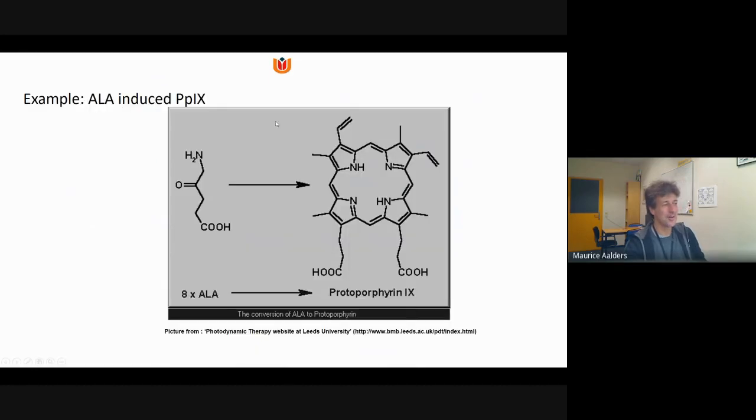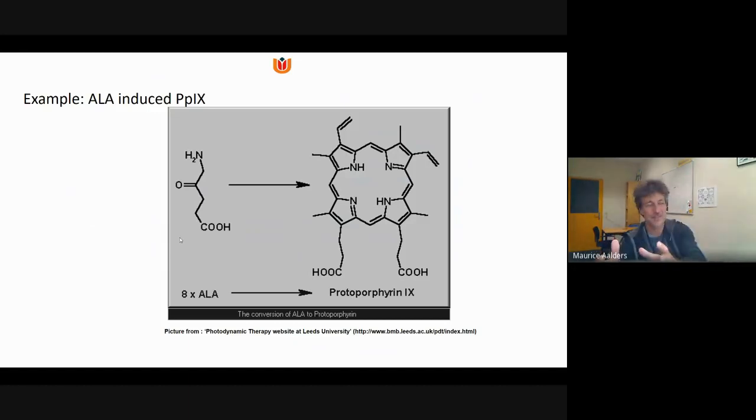This is an example where we apply aminolevulinic acid, which is naturally occurring in the body. It's part of the pathway of making heme, which is part of hemoglobin. First, there's aminolevulinic acid. It's converted into protoporphyrin IX, porphyria, you see the connection.